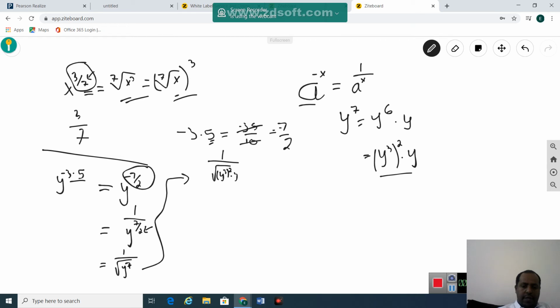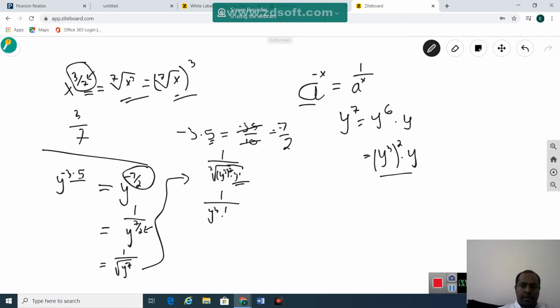Here y is in the square root, and because the index is 2 and I have exponent 2, I can take out y to the power of 3. Therefore, I will get 1 over y to the power of 3. And since the exponent for y is 1, which is different from 2, I cannot take y out of the square root, so I will keep it under the square root.